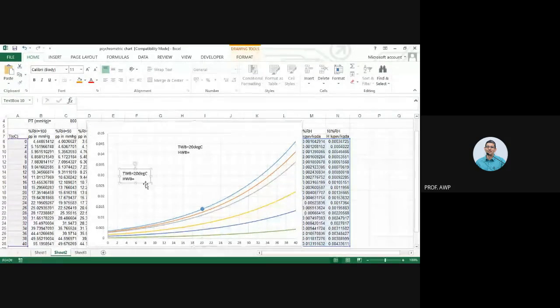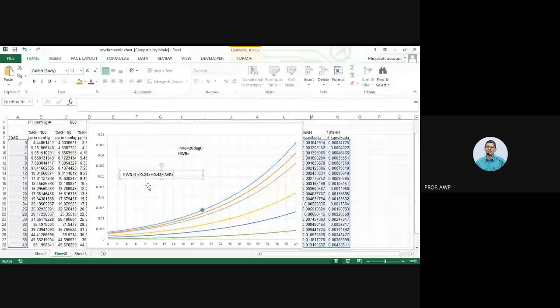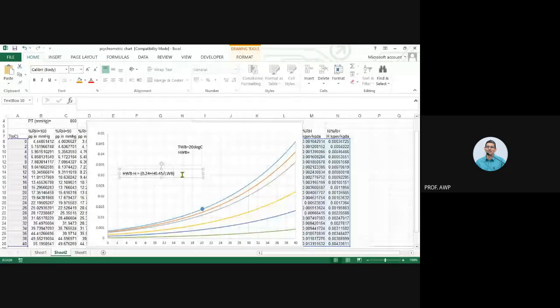We are solving the equation HWB minus H is equal to (0.24 plus H times 0.45) divided by lambda WB, multiplied by (T minus TWB).